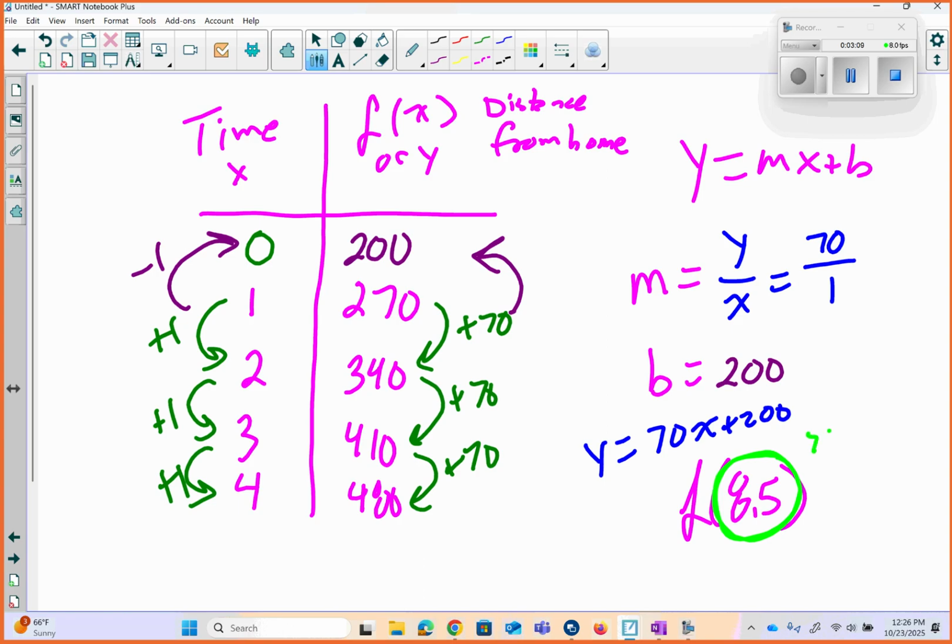I love it. So I get 70 times 8.5, plus 200. I have a calculator, so I wouldn't expect you to do 70 times 8.5 in your head, and then plus 200. So this is equal to 795.